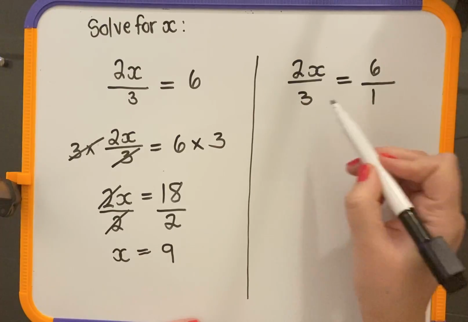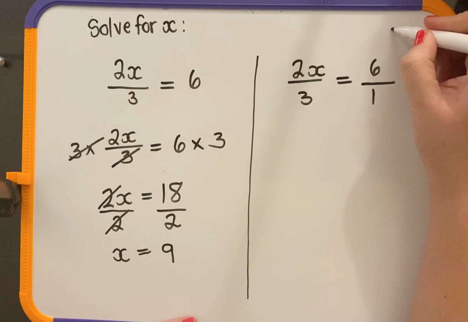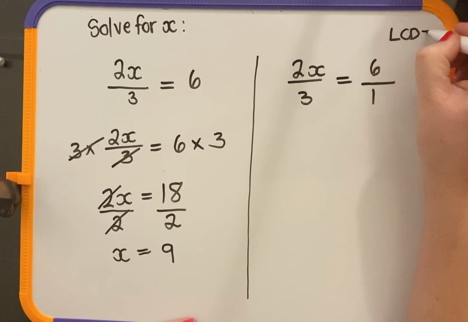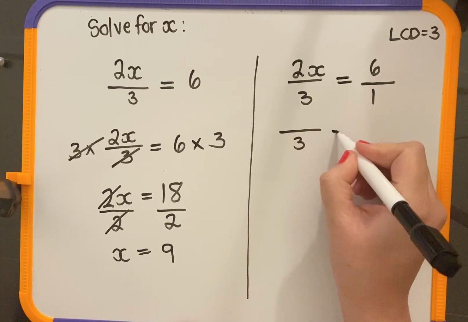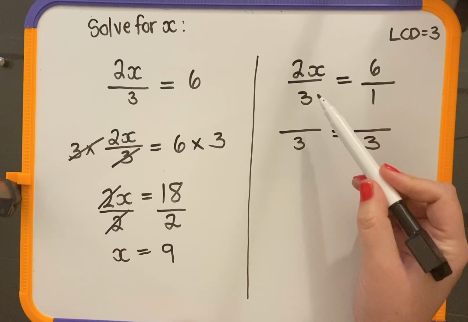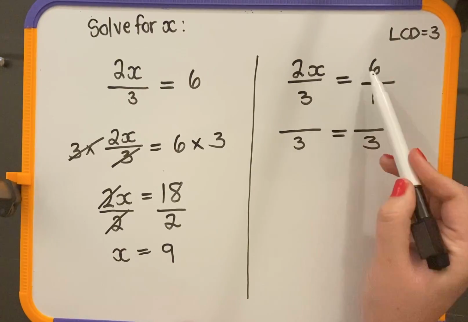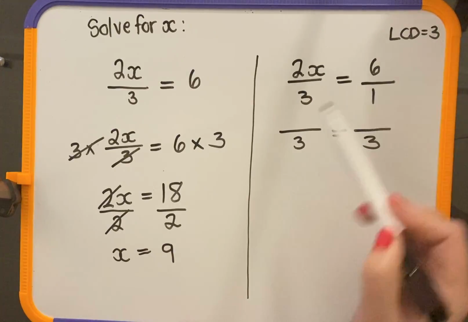What is the lowest common denominator of 3 and 1? The lowest common denominator would be 3. So we're saying to ourselves, in order for me to equate the numerators of these fractions, I need to ensure that the denominators are the same.